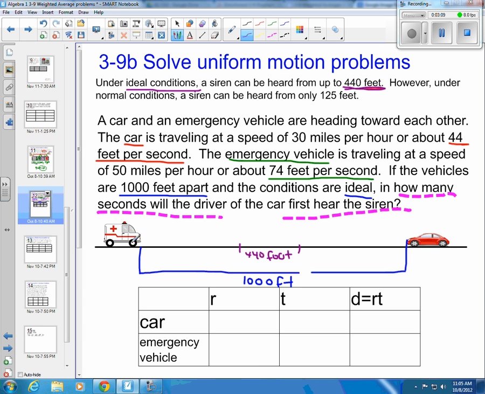I want to know how many seconds that's going to take from when the siren gets turned on until the car can actually hear it. So I'm looking for the seconds it's going to take this car to travel this distance here.